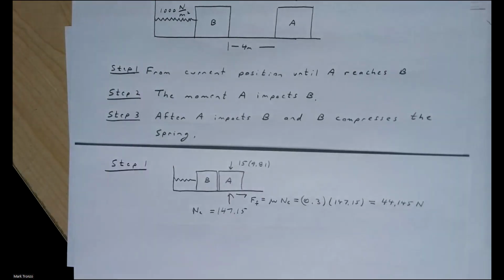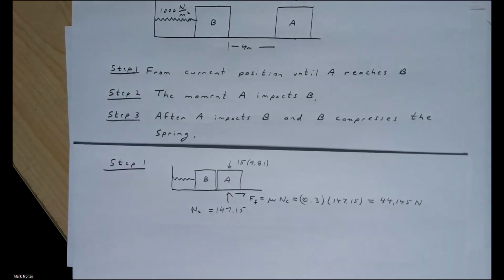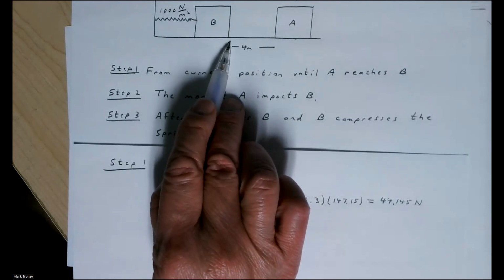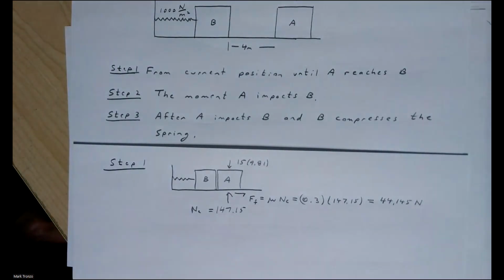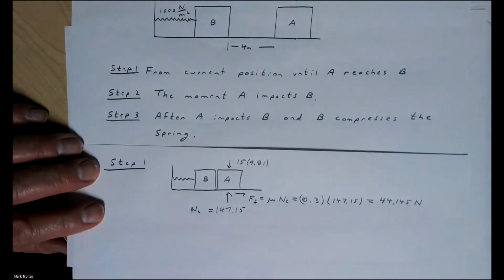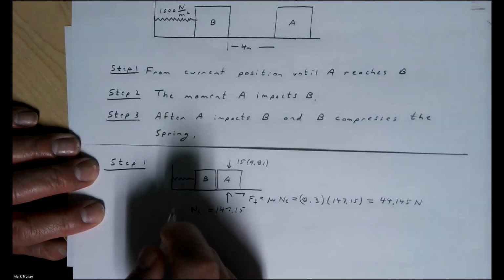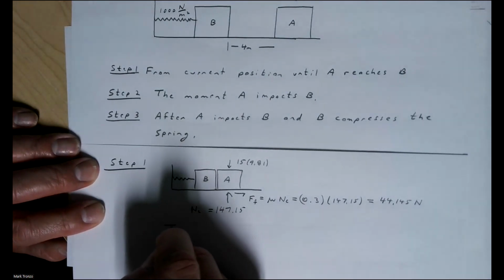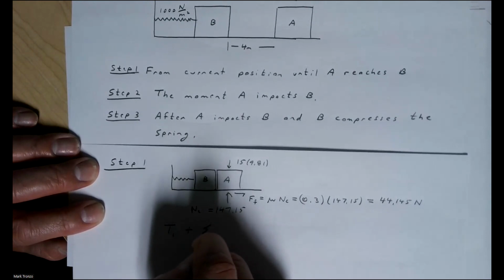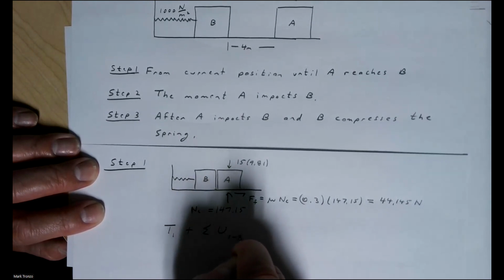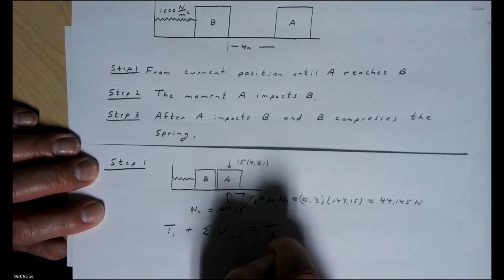That's going to be the friction force when it travels from here just till it gets to the point that reaches B. And so we can do this with work energy.